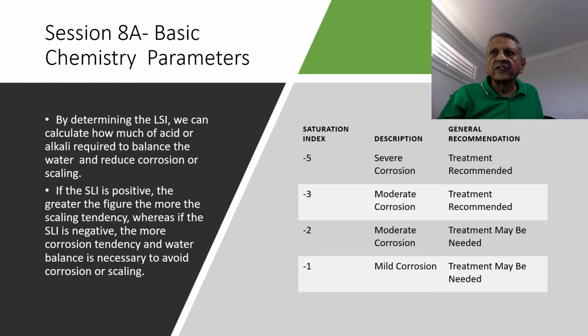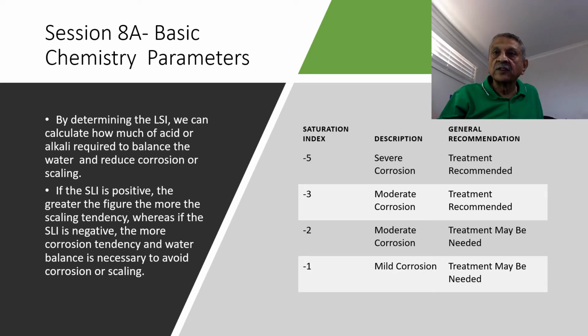On the right side of the chart, you will find the saturation index. -5 means it is severe corrosion and you have to have the treatment. -3 indicates moderate corrosion, so treatment is recommended.